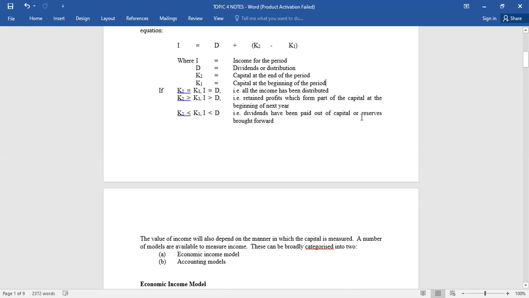So in other words, for capital maintenance, as can be seen in the equation, income is recognized only after the capital at the beginning of the year is maintained at the end of the year. Without doing that, we don't have income, and that's why we call it the capital maintenance model.